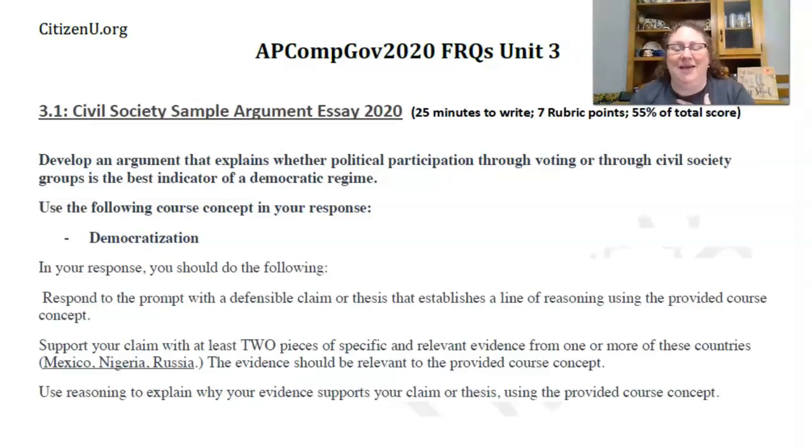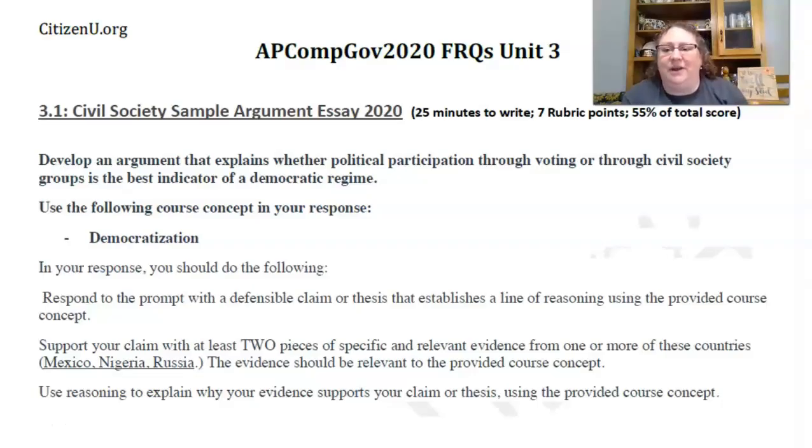My thesis would be that political participation through civil society is the best indicator that you have a democratic regime showing democratization, or even, I've got a better word, democratic consolidation, right? Now we've got to look at my choices though, right?